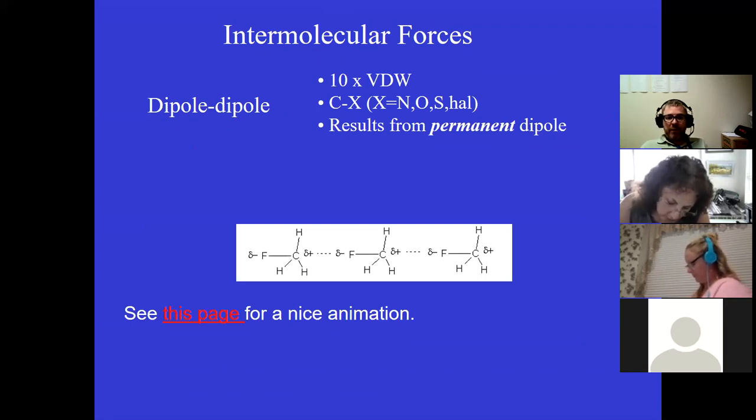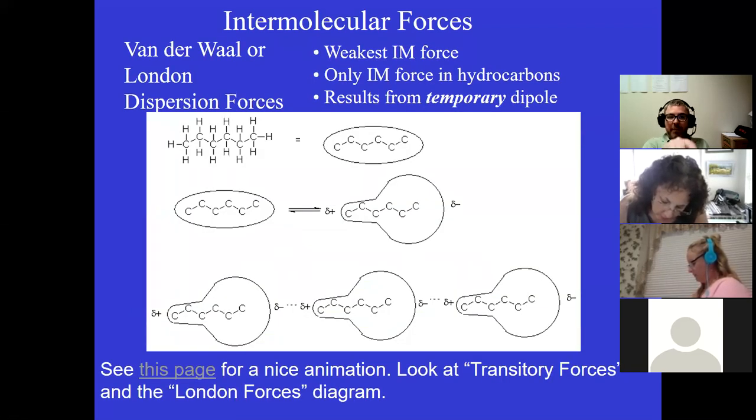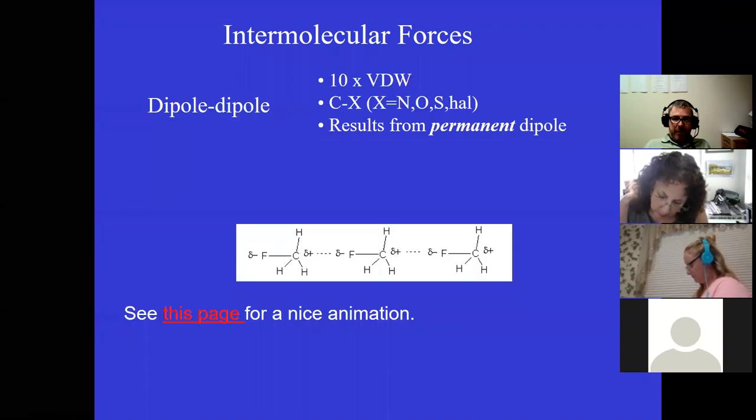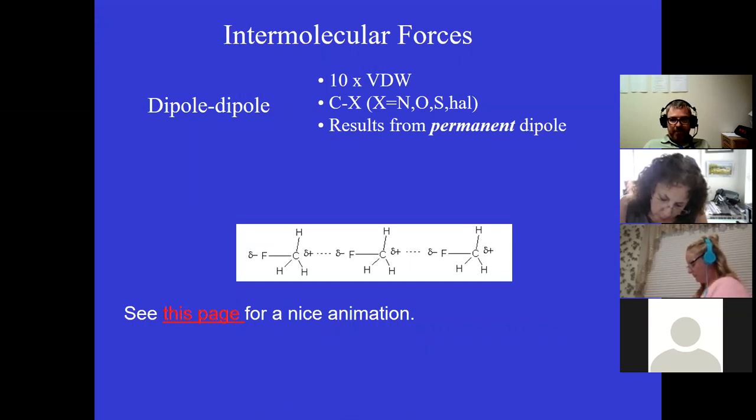And this results in a permanent dipole. The Van der Waals, temporary, which makes it weak. This one here, permanent, which makes it a whole lot stronger. How much stronger? 10 times.